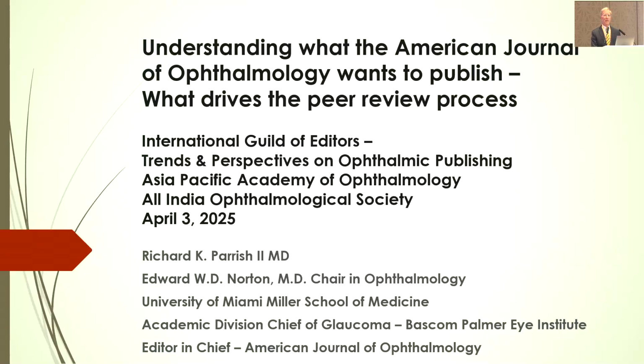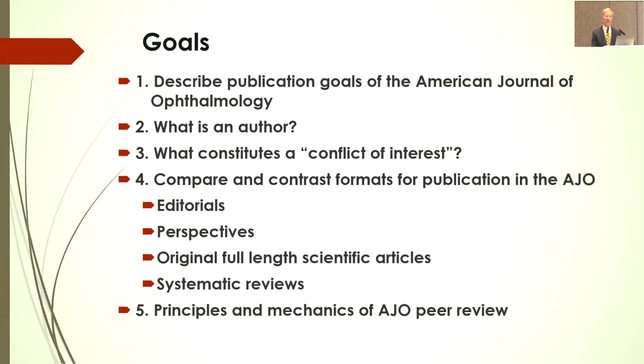My focus will be developing an understanding of what the American Journal of Ophthalmology wants to publish and what drives the peer review process. These are the goals: to describe the publication goals of the American Journal of Ophthalmology; to tell you what being an author means, not to me, but to the International Council of Medical Journal Editors.